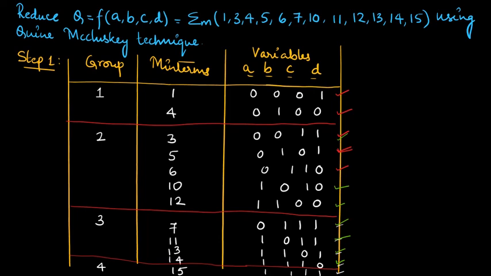You do a step by step comparison of each group with each minterm, and the comparison has to be such that the terms differ by only 1 bit. The differing position is replaced with a dash.